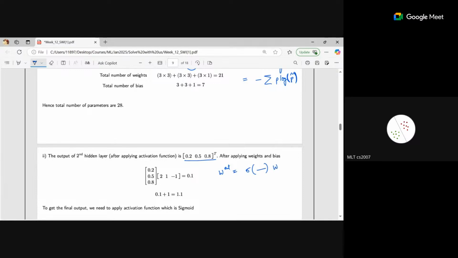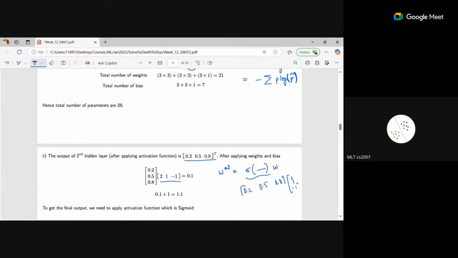We take the dot product. This term over here is 0.2, 0.5, and 0.8, and the weights that are given are 2, 1, minus 1.